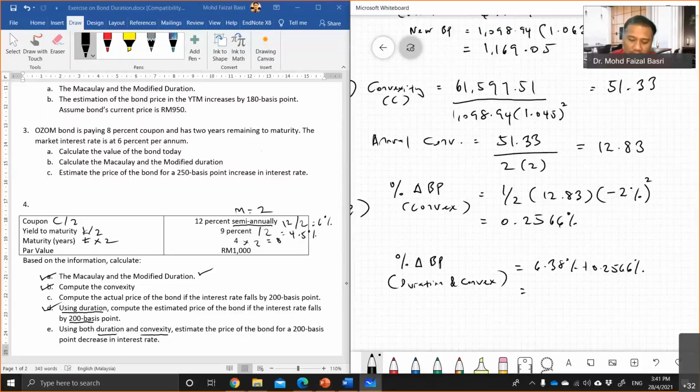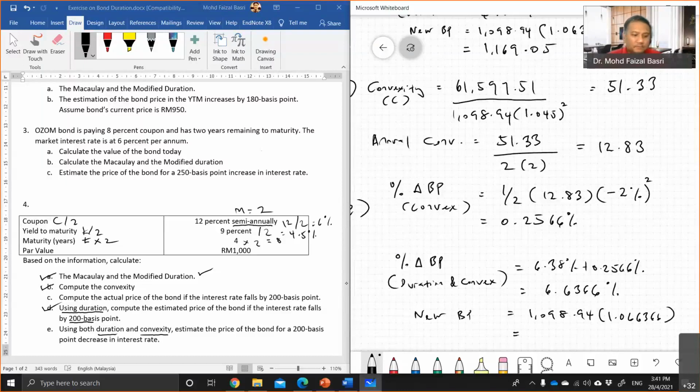Here I'm going to use 6 decimals to make it accurate, 6.6366. So this is a combination of duration and convexity. To find the new bond price based on both, take the bond price of 1098.94 and multiply it by the change, which is 1 plus this amount. So it's 1.066366, quite long, a bit high.